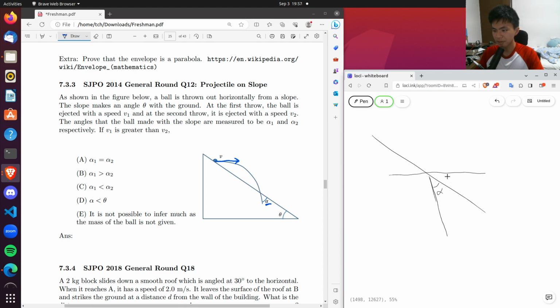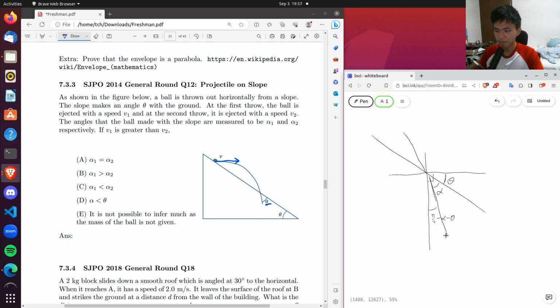The reason is that if we draw the vertical and the horizontal, this angle is theta by alternate angles. The ball comes in like this, and the angle over here is pi over 2 minus alpha minus theta, because this is 90 degrees.